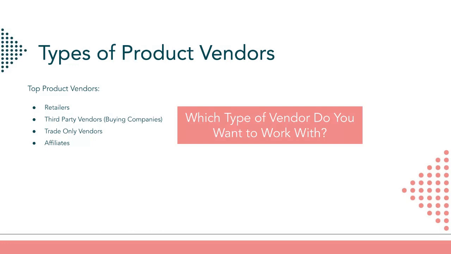The other is third-party vendors, so buying companies. Okay, these are buying companies that have partnered with all of the major trade-only vendors and allow you to source products all in one place. These are a game changer because it saves you a ton of time, money, and typically you can find products that are very competitive in pricing, and you can get the lowest prices at wholesale pricing, which in turn allows you to mark them up and create an additional revenue stream for your business.